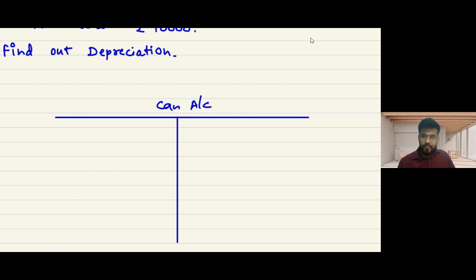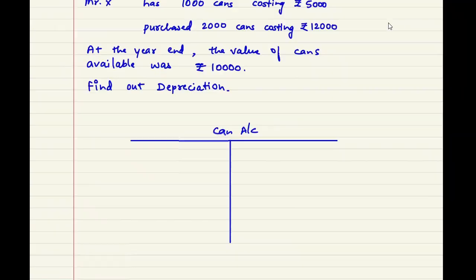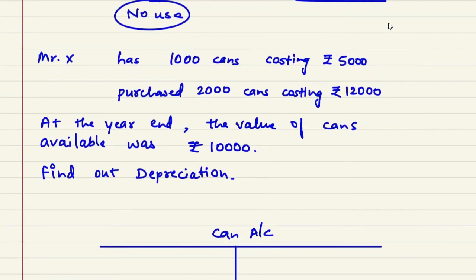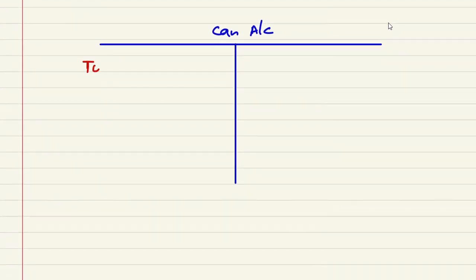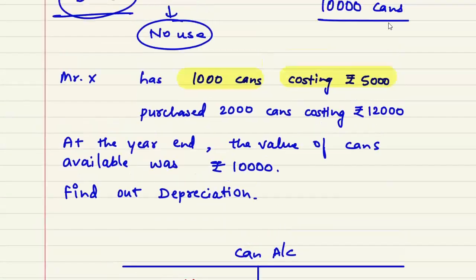Here the opening balance has 1000 cans, which cost 5,000. So I am writing over here, in the amount column, balance brought down of 5,000 rupees, which is the opening one.